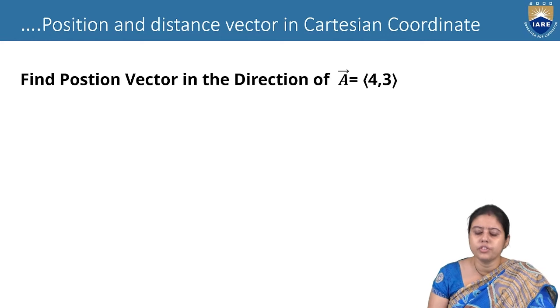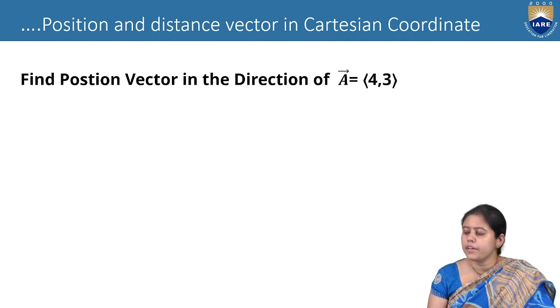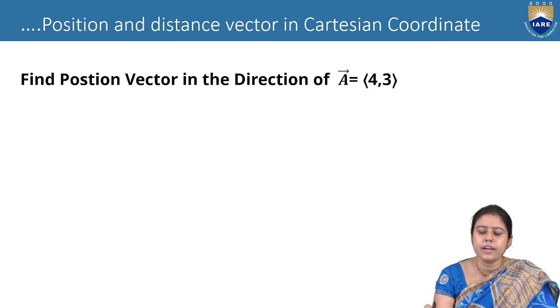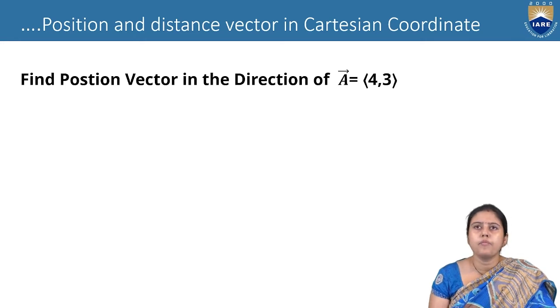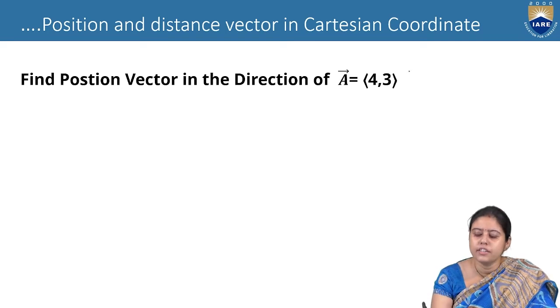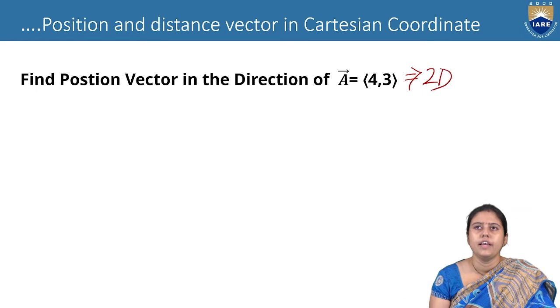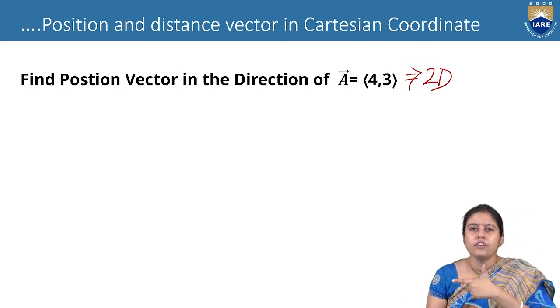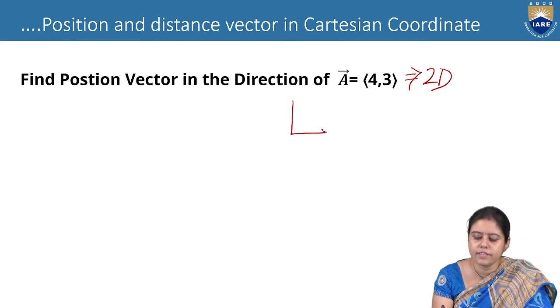So what is the position vector? Position vector in the Cartesian coordinate can be written, if A is equal to (4, 3). Is this 2D or 3D? This is basically 2-dimensional. It has 2 values, x and y. So how to draw this?